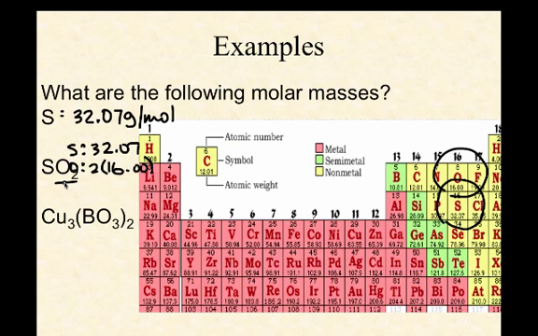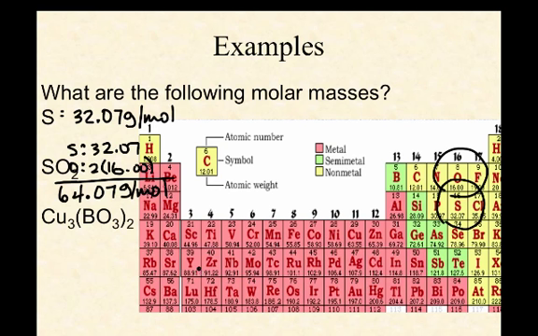All right, so that's 32 and 32 is 64.07 grams per mole for SO2. That's it. So we just take the molar mass of each thing that it says in the formula and we add them up.